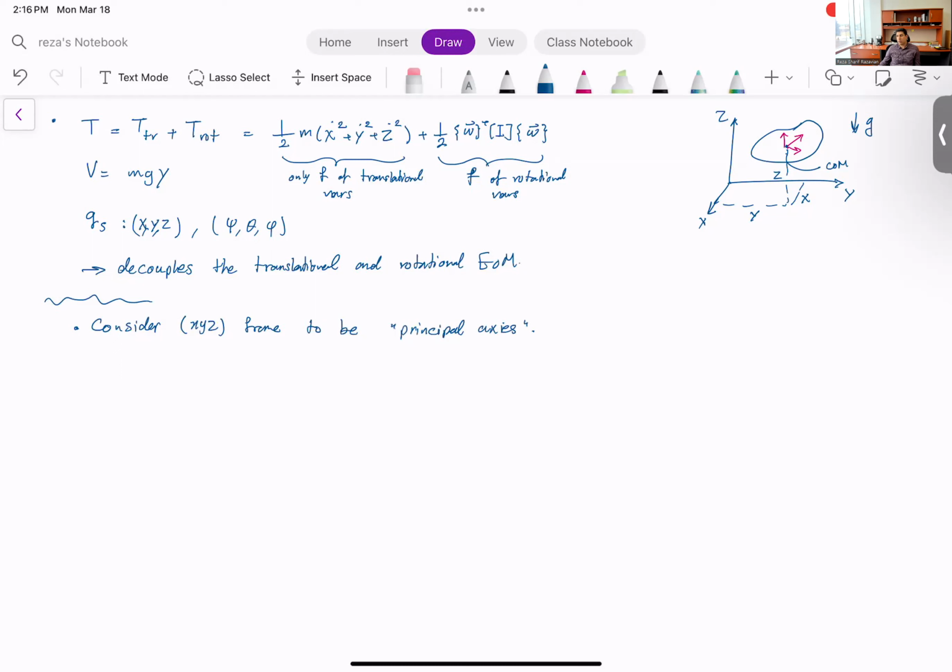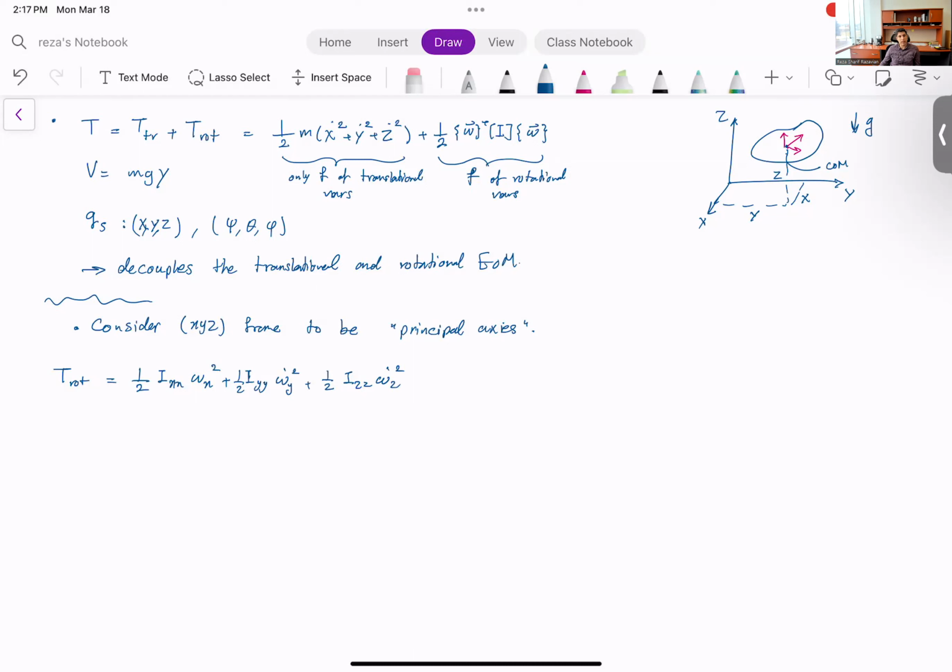I don't have any products of inertia, only moments of inertia along the diagonal of the inertia matrix. So in that case, my rotational kinetic energy T rotational is 1/2 Ixx omega x squared plus 1/2 Iyy omega y squared plus 1/2 Izz omega z squared.